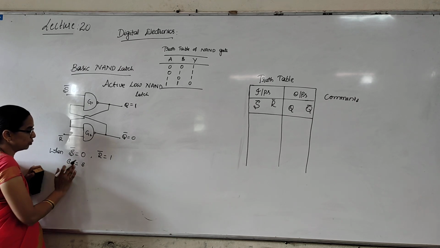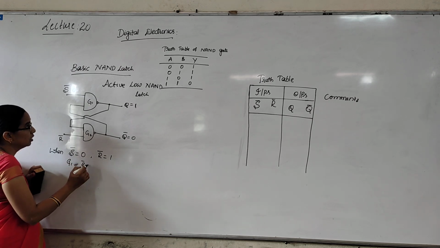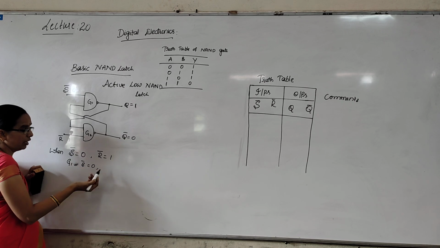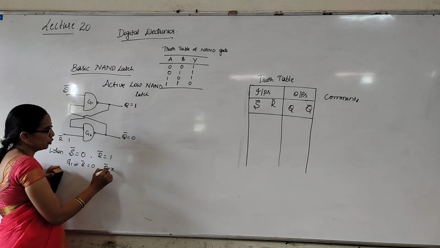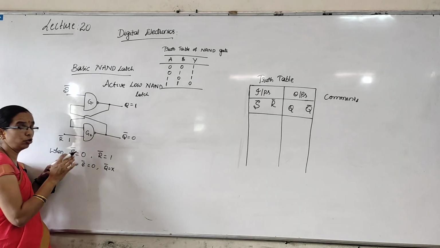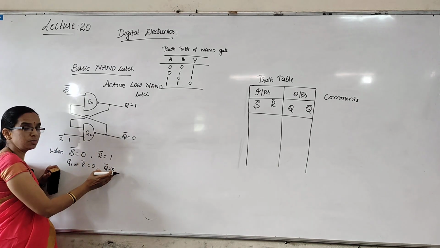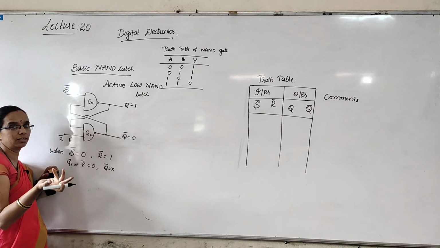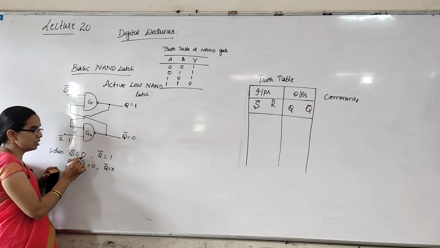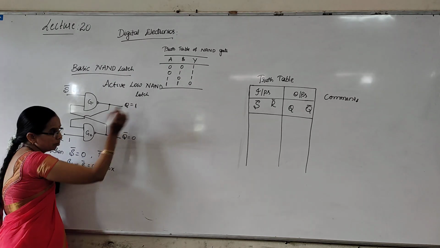S bar is equal to 0 we have kept. If any one of the inputs is 0, then irrespective of Q bar, which is a don't care condition, we need not think about the other input, because one input is 0 and obviously the output will be 1.